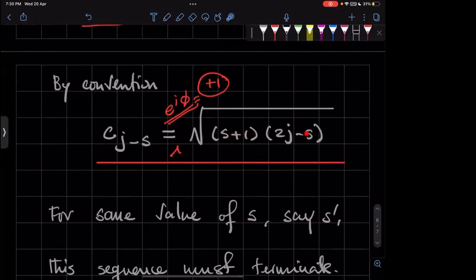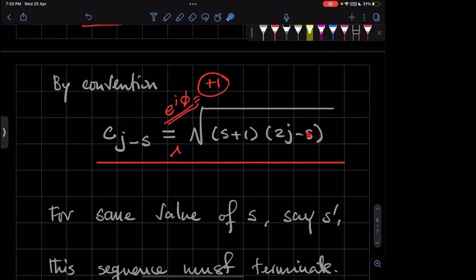If you look at this, we know that S is a positive integer, right? So the only way that this can go to 0 is when at some point this becomes 0, right? Okay. Because otherwise it'll just keep lowering.